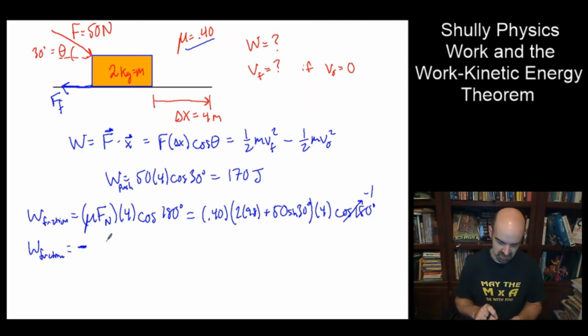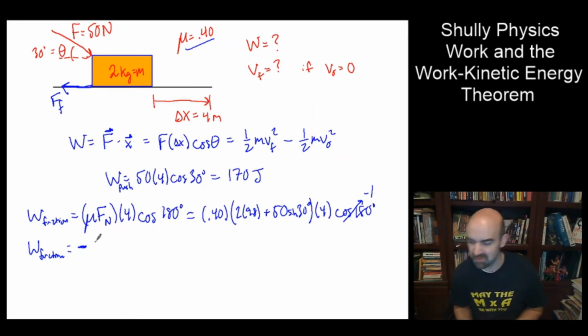0.4 times 4 times the quantity, 2 times 9.8 plus 50 sine 30 is 25. And it's 71.36. So at 71.36, 2 sig figs, I'll just call it -71 joules.